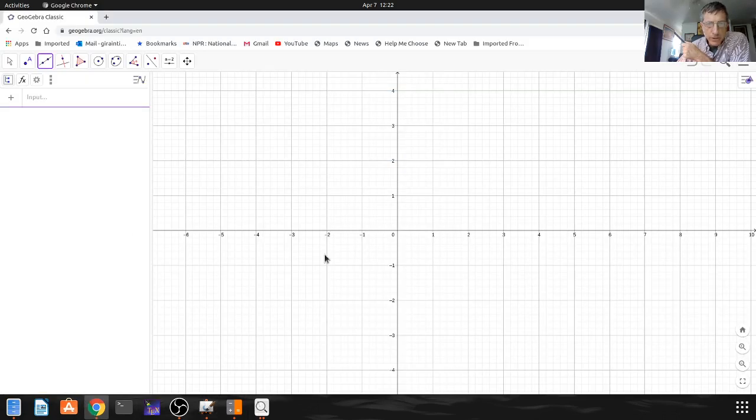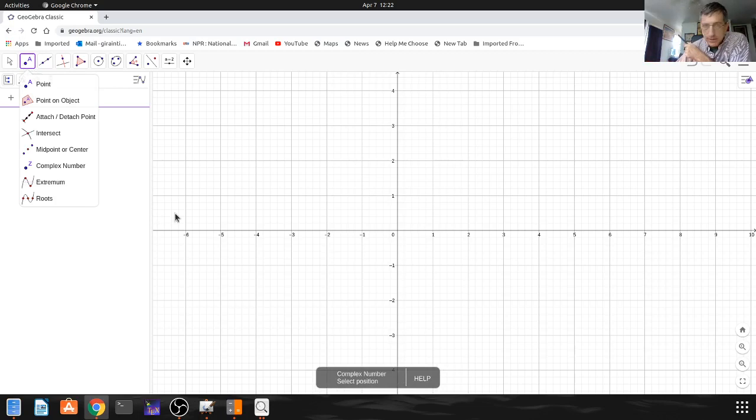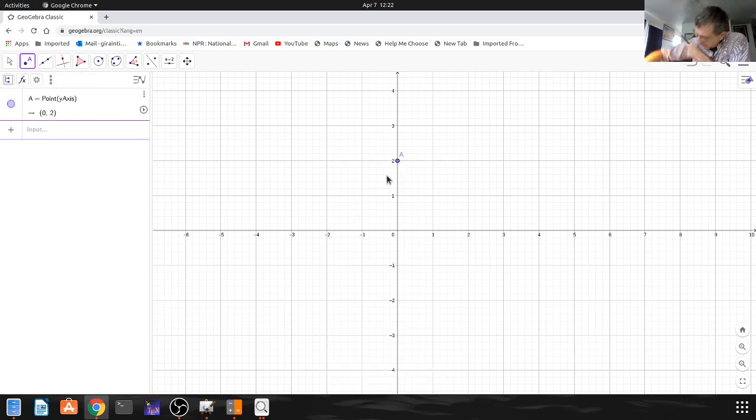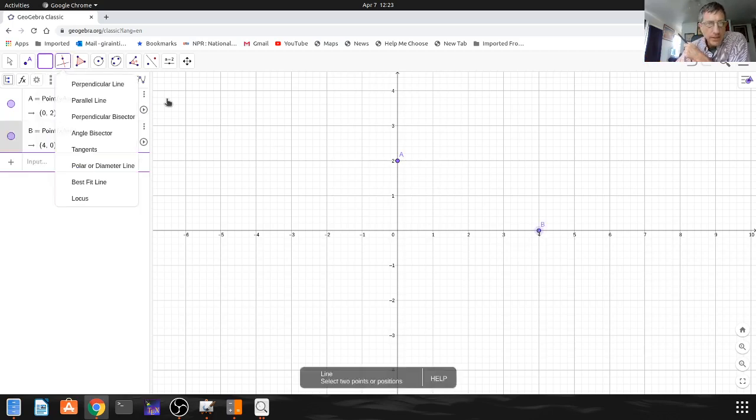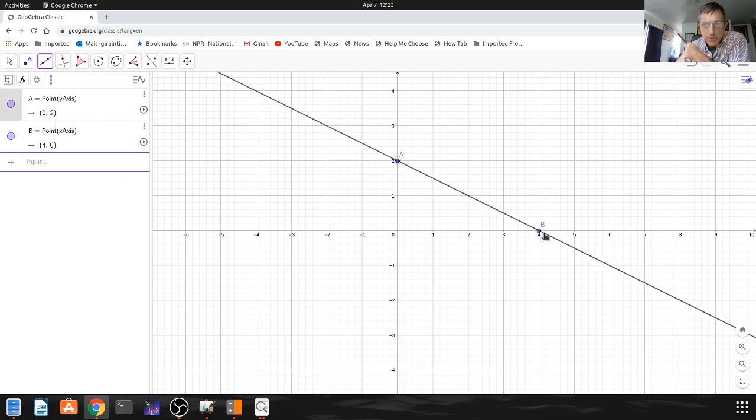Or using GeoGebra, I'm going to put a point at 0, 2. It's my y-intercept. And 4, 0. It's my x-intercept. And the line that goes through both of those looks like that.